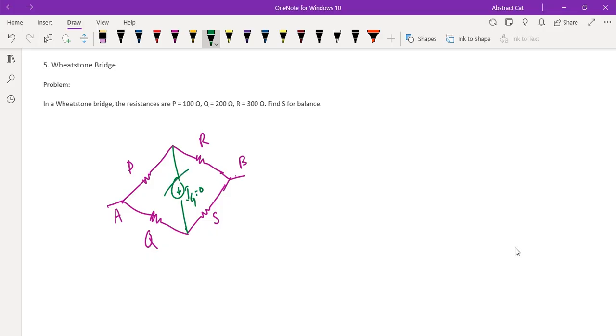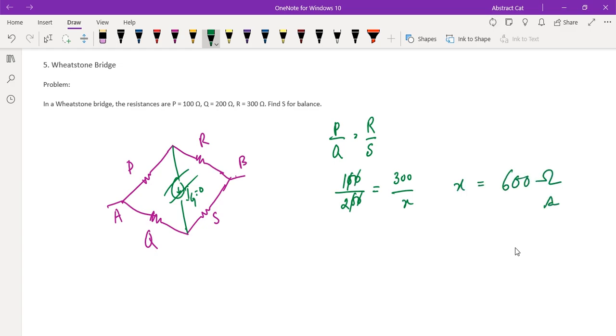So ignore that. So P by Q equals R by S. We know that formula. P is 100 ohm, Q is 200, R is 300, and S is X. The zeros cancel. So X equals 600 ohm. That's a direct answer.